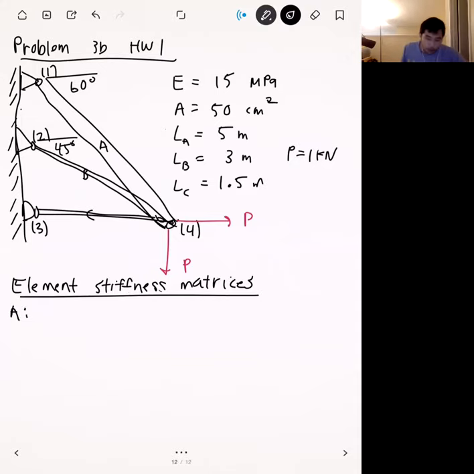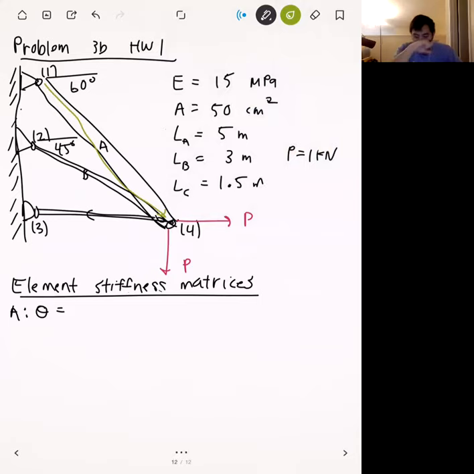First thing we're going to need to do is write out the angle for element A. Here it's tempting to use 60 degrees for the angle, but let's do the same test that we did on the previous page. Let's draw an arrow from node 1 going to node 4.